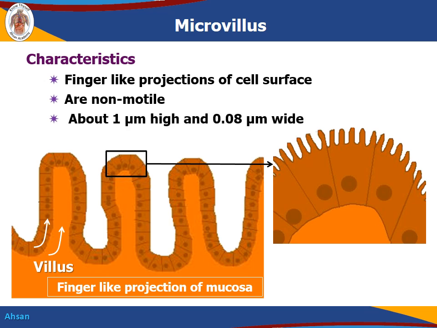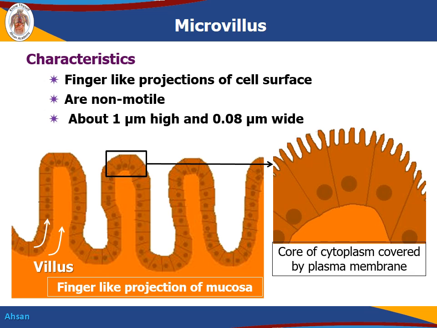These are non-motile. They cannot move by themselves. They can move only because of the flow of fluid over them. Their height is very small, and to see them a very high power view is required. So each comprises a core of cytoplasm covered by plasma membrane.